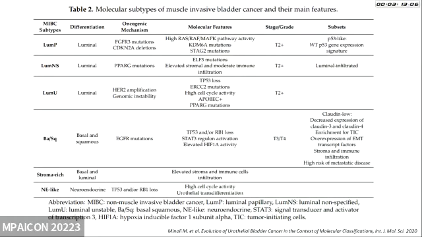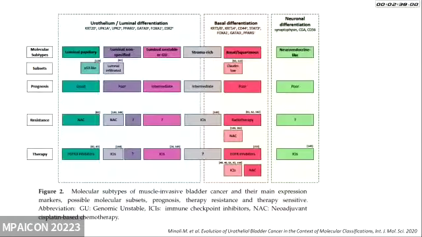Neuroendocrine is neuroendocrine, basal squamous is rich in EGFR mutations, luminal unstable shows HER2 amplification, and luminal non-specified shows PPARG mutation, that is, peroxisome proliferator-activated receptor gamma. And luminal papillary has FGFR3 mutation and CDKN2A, which encodes for P16, deletion.